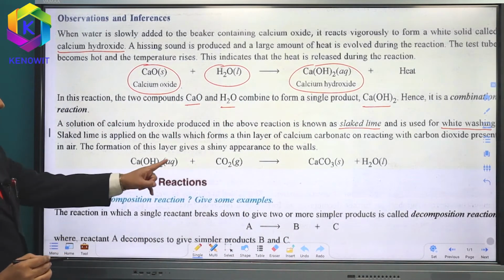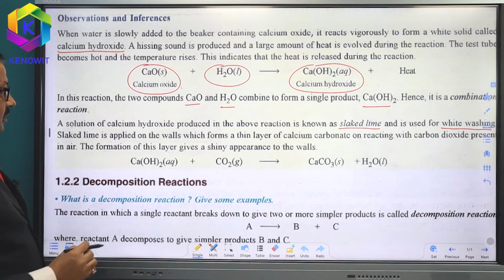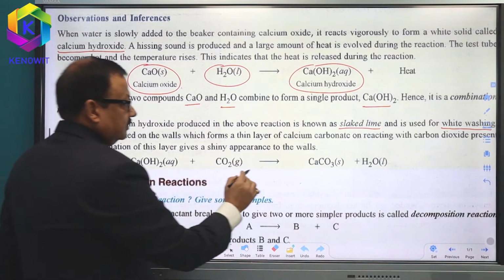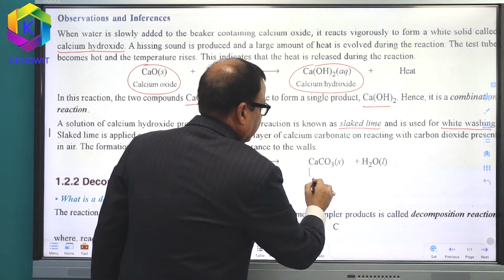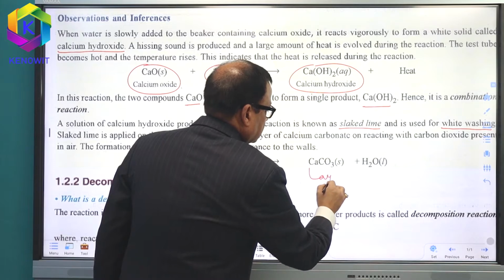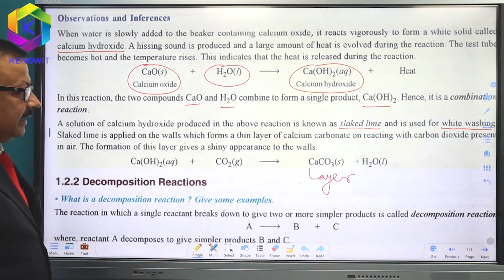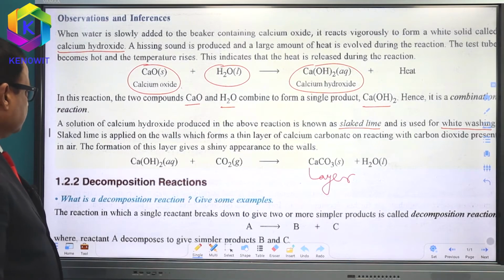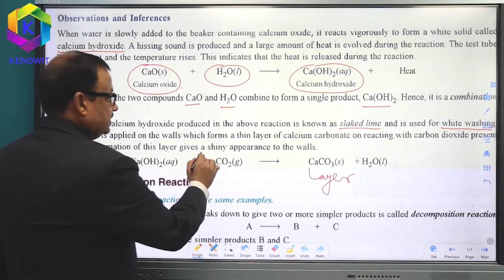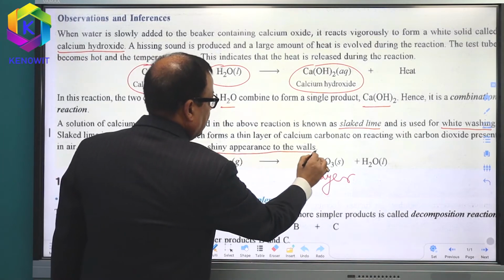Calcium hydroxide plus carbon dioxide creates a thin white layer on the surface, known as calcium carbonate, and the formation of this layer gives a shiny appearance to the wall.